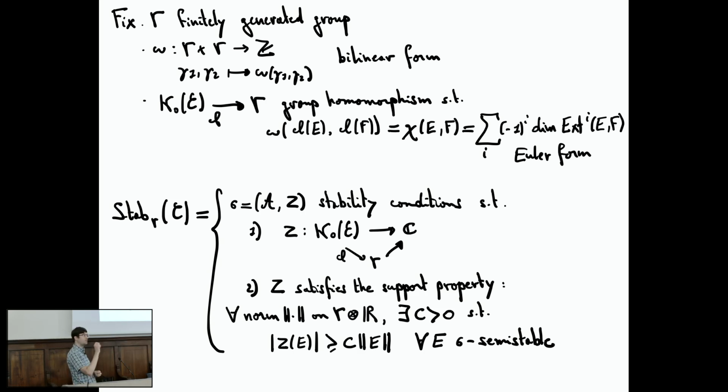In particular, there will be finitely many classes inside this ball. So if you bound Z, there will be finitely many classes gamma of semi-stable objects you might consider.